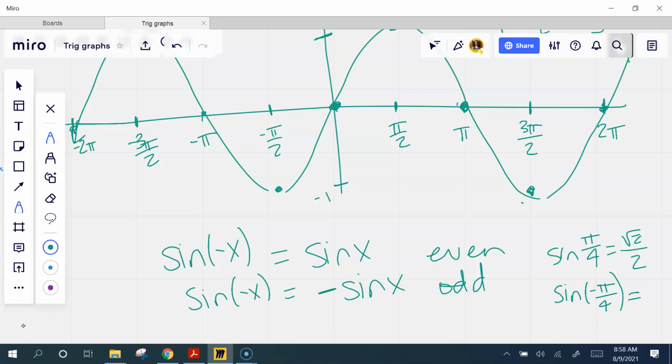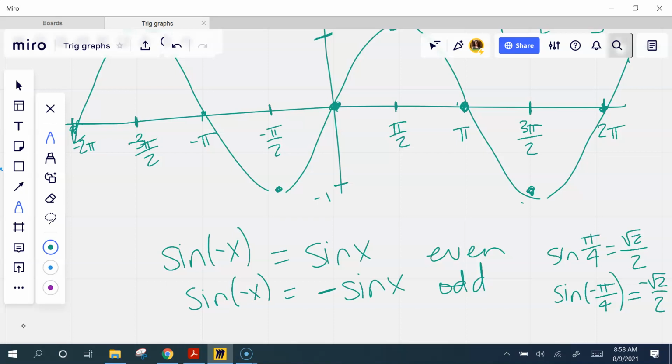That means instead of coming up here, I'm coming down here pi over 4 units. So what is the sine of negative pi over 4? Negative square root of 2 over 2. Do you think sine is even, odd, or neither? Odd.